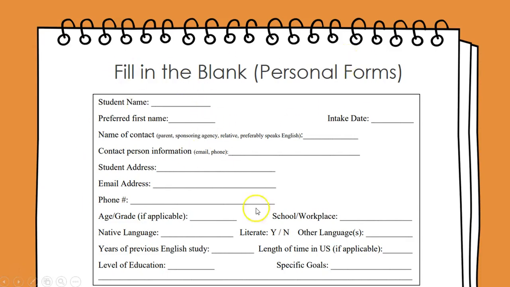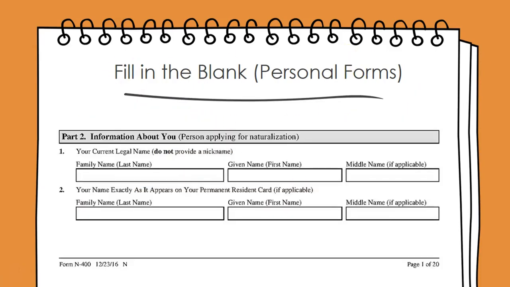So take a look at this, and here's a better example though of why knowing fill-in-the-blank procedures are important. This is the N400 form. This is if you want to apply to become an American citizen, and it's a very long form. You can see this is page 1 of 20. So it's 20 pages of fill-in-the-blank and yes or no questions.